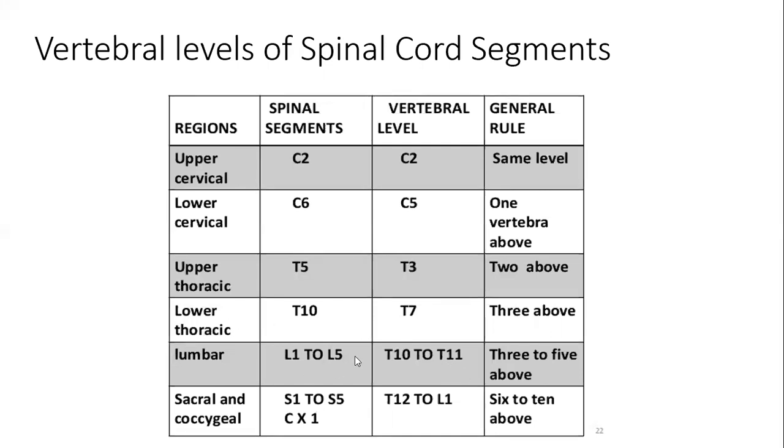Now here you can understand, especially from the lower regions, how the spinal cord is compressing into segments above each other in order to end the spinal cord at the level of which vertebra? First lumbar vertebra.